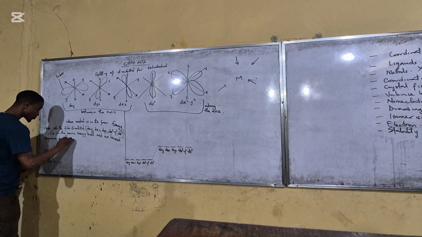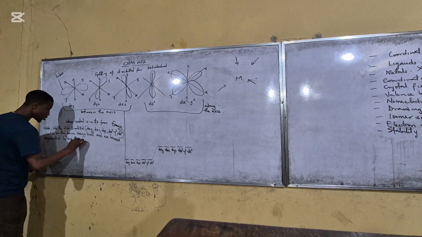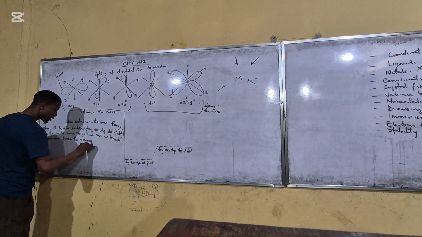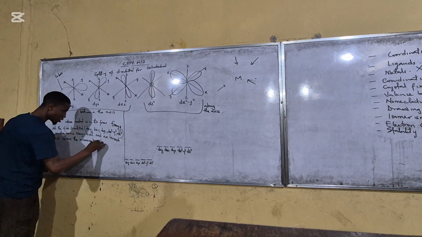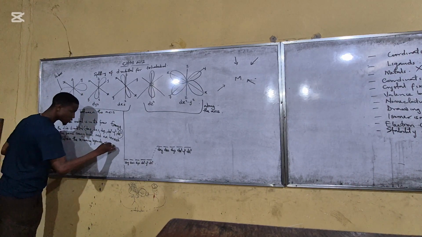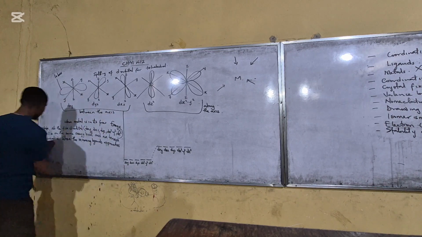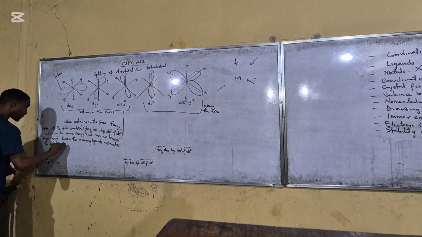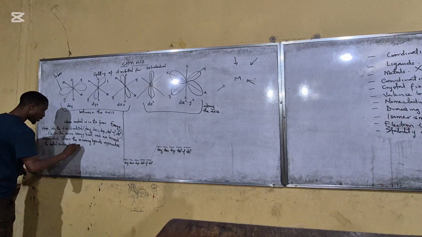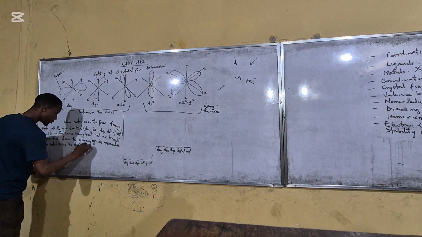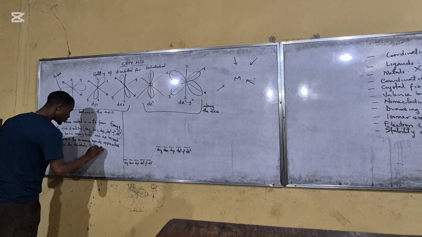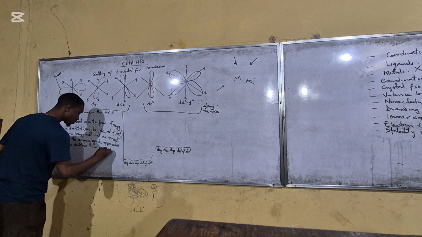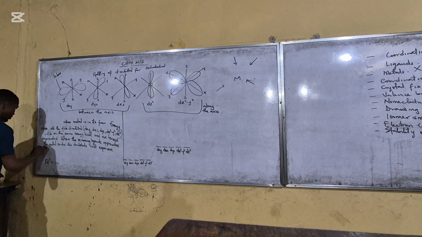When the incoming ligands approach the metal center, the d orbitals will experience repulsion.